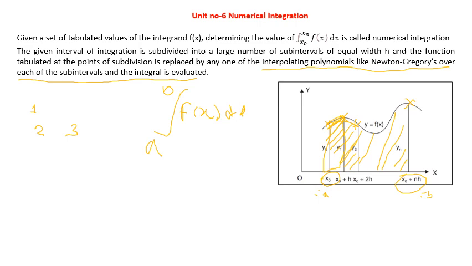If you are using 3 points and 2 intervals, then you will get Simpson's 1/3 rule. If you are using 4 points and the degree of the interpolating curve is 3, then you have to solve it with Simpson's 3/8 rule. So the trapezoidal rule, Simpson's 1/3 rule and Simpson's 3/8 rule are together called Newton's Gregory's method.